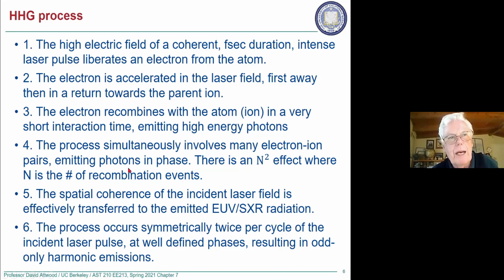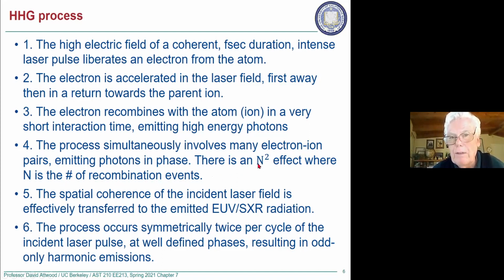And this process happens many times throughout the gas, and they're all emitting photons. In the forward direction, the electric fields associated with those photons all add in phase. So we're going to get an N-squared effect, as we've seen in other examples, where capital N is the number of recombination events. If there's a gazillion atoms that lost an electron and the electron came back and recombined with it, that's what capital N is.